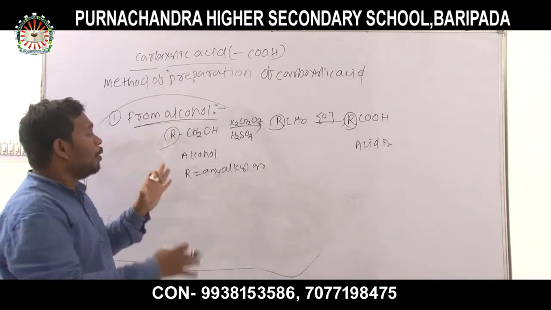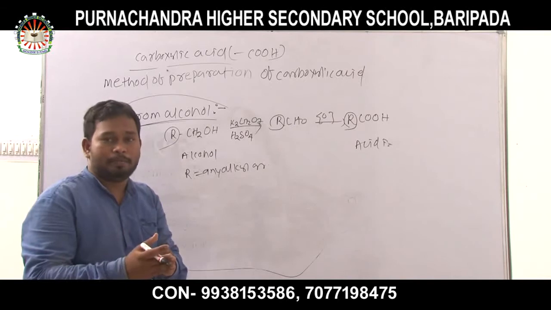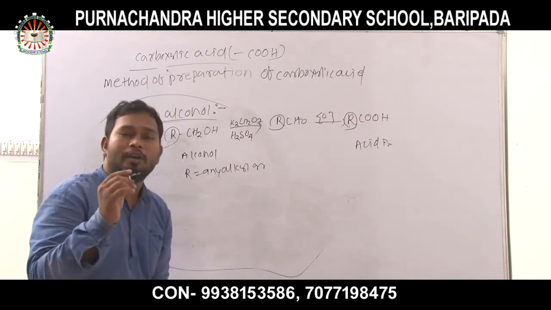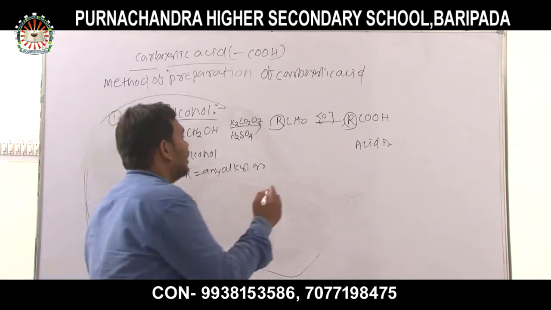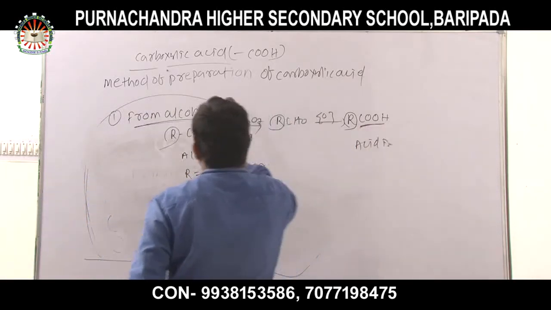From alcohol, when alcohol undergoes reaction with acidified potassium dichromate solution, then an acid is formed. So the first one is complete.